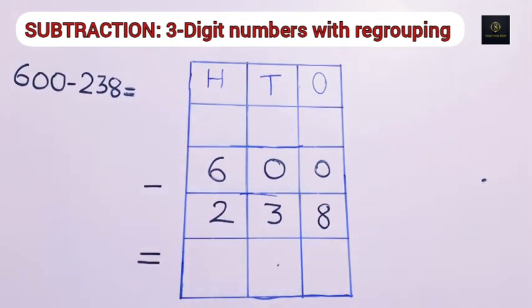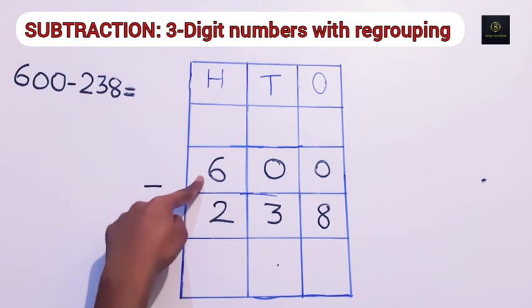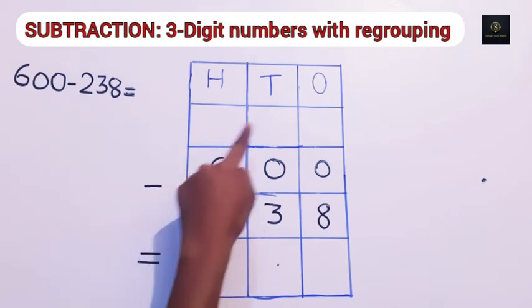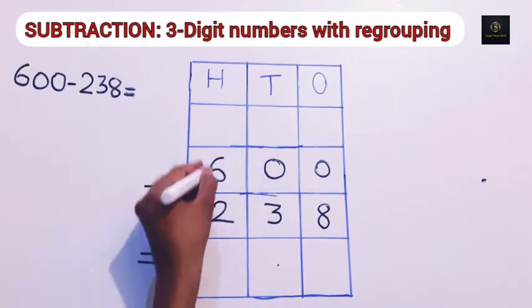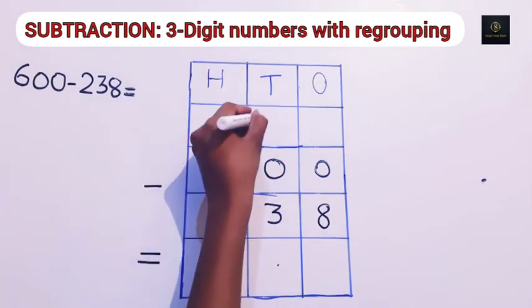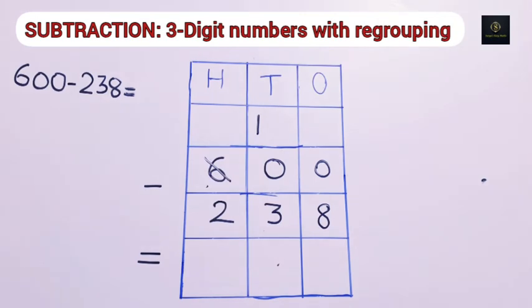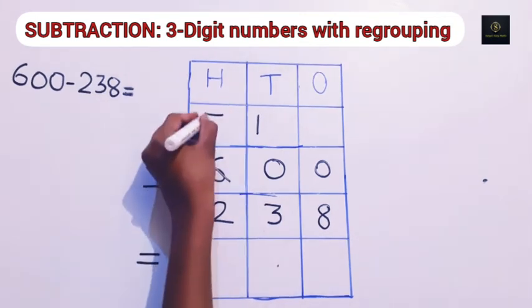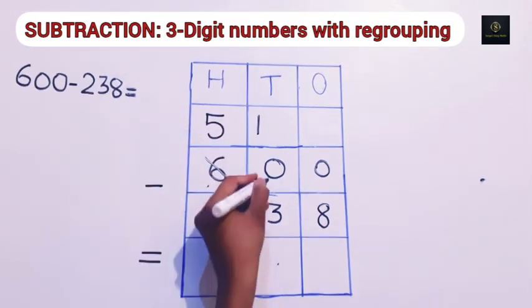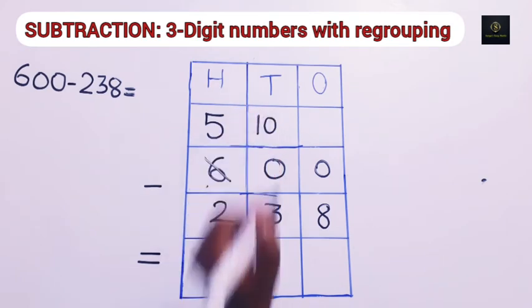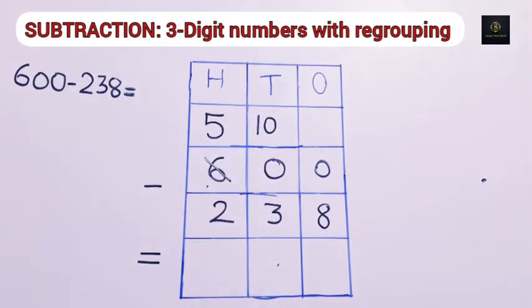Okay? So let us borrow 100 from 600 and regroup it to tens. So here 500 will remain and this 0 will become now 10. Yes.